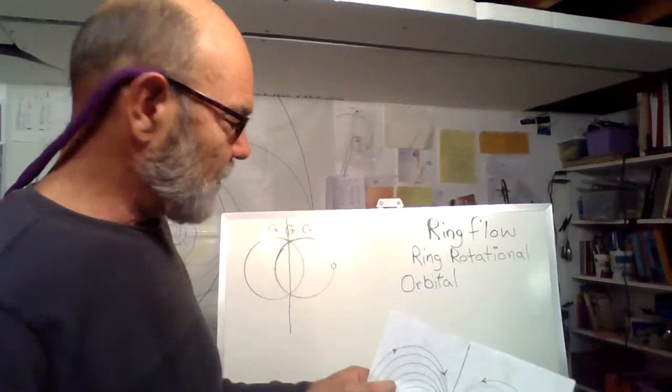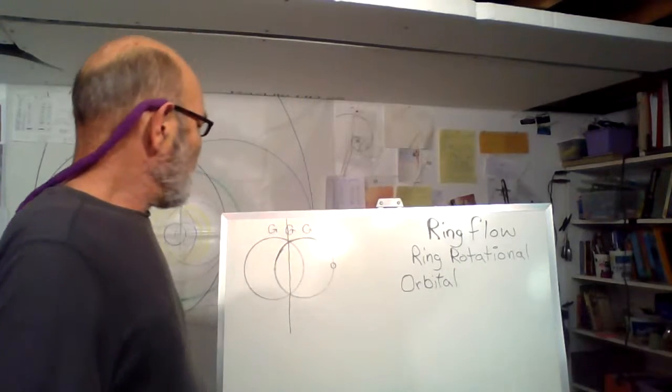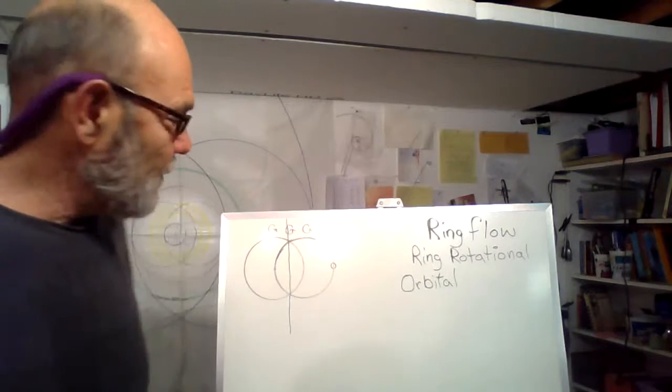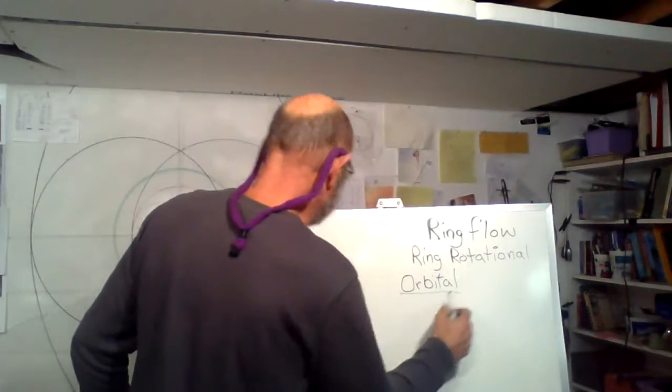There's a line. So anyhow, more questions. Okay, so that would be one of the three motions. That would be orbit.